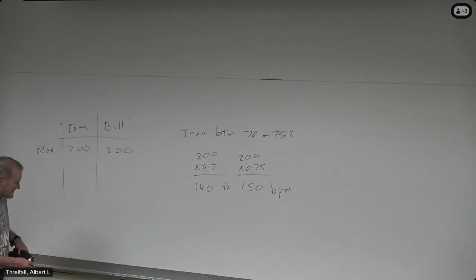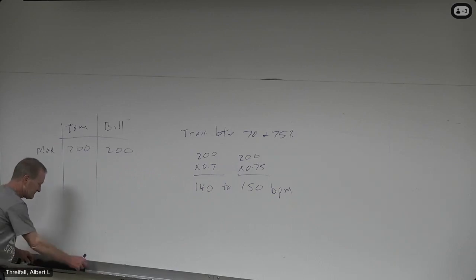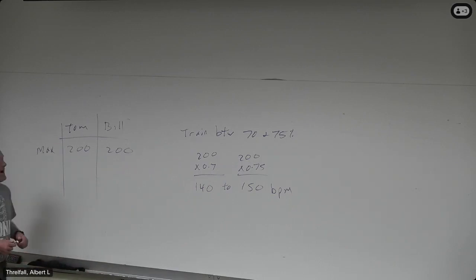But here's why that's stupid. Tom and Bill are very, very different. You see, Tom's been active all his life. Tom basically grew up in the YMCA. As fast as indoor volleyball ended, indoor soccer started, and he participated in both.